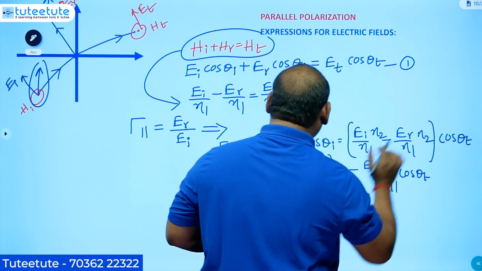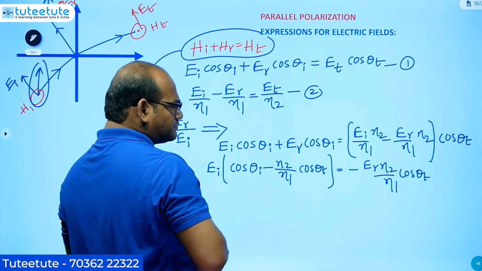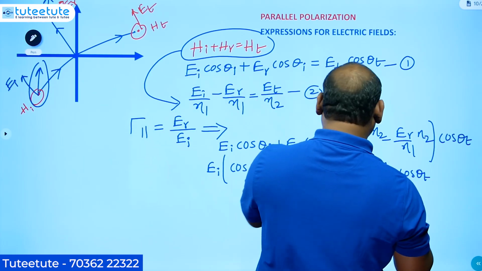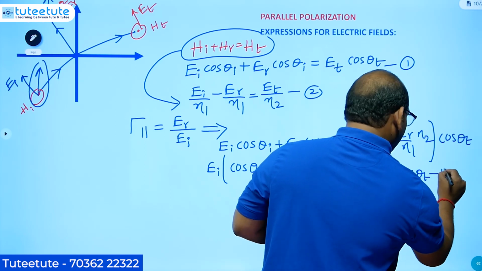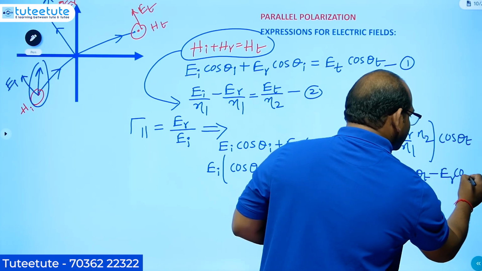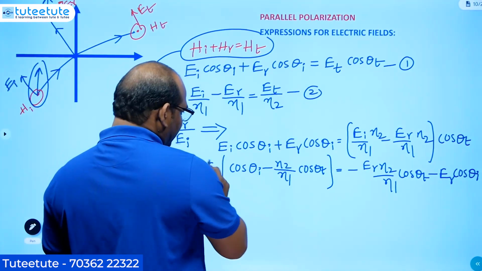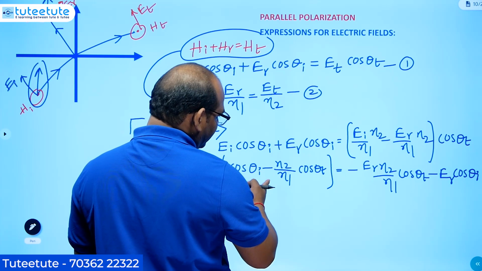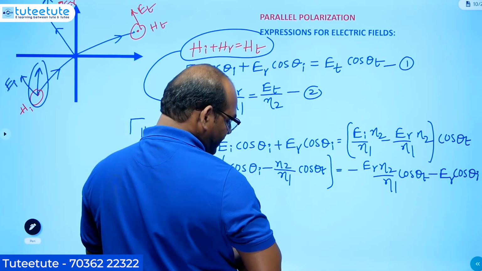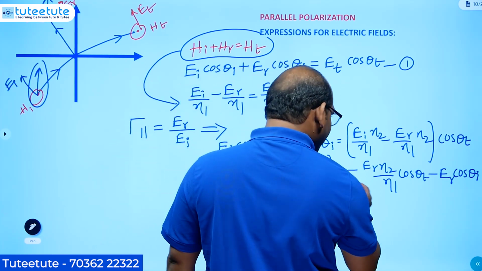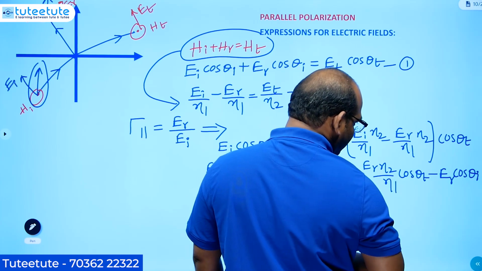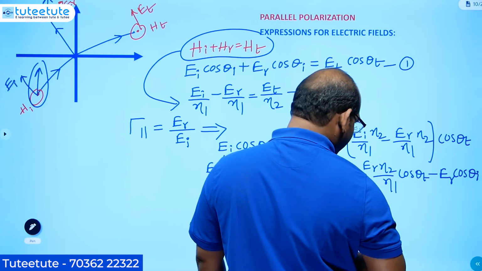This is one ER term, and here also we have an ER term. That one I am writing here: by sending this side we will get minus ER cos theta I. Like this we can write. Okay, so EI times cos theta I minus eta 2 by eta 1 cos theta t is equal to minus ER eta 2 by eta 1 cos theta t minus ER cos theta I.